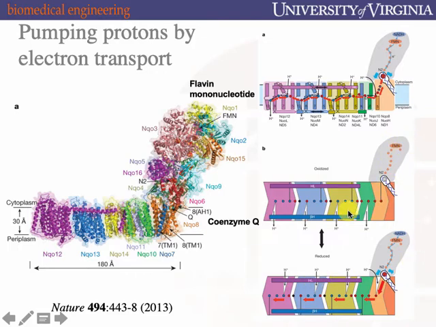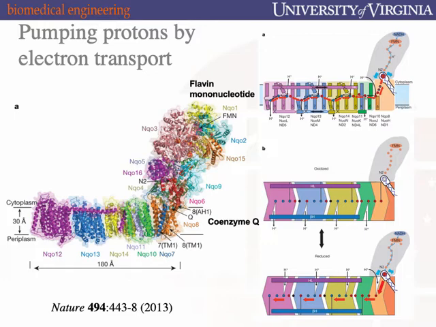As the electrons move through and then eventually leave complex 1 entirely, that's the oxidation of complex 1. There's a conformational change of those pores so that they go from this position to this position. So it's binding, unbinding, binding, unbinding of the protons on one side and releasing them on the other side towards the mitochondrial intermembrane space.